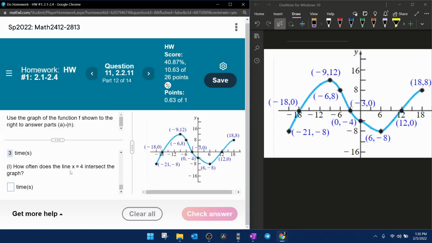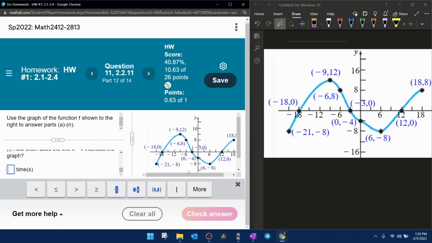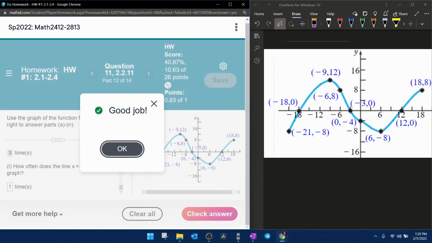How often does the line x equal 4 intersect the graph? Well, x equal 4 is a vertical line. Again, if this is a function, we know that every vertical line can touch only one time. And so x equal 4 is going to touch only one time.